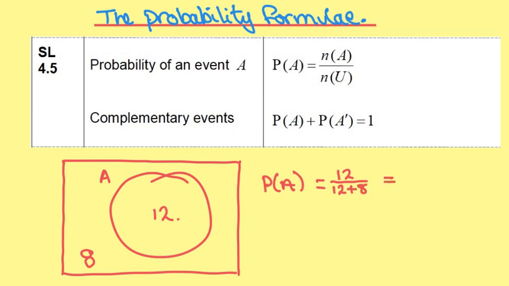So the probability of A is 12 out of 20, which is equal to 6 out of 10, which is equal to 3/5.